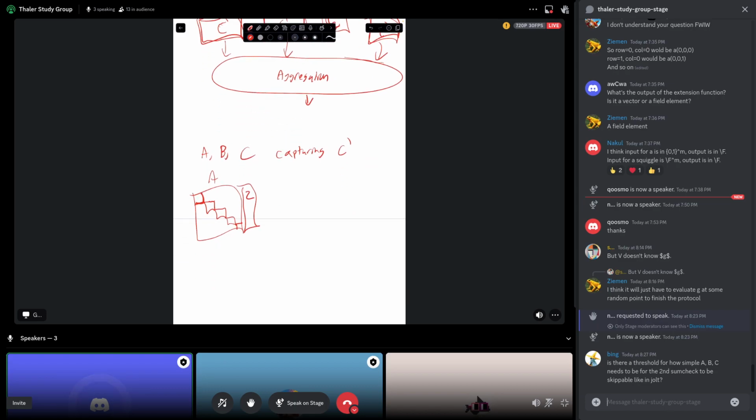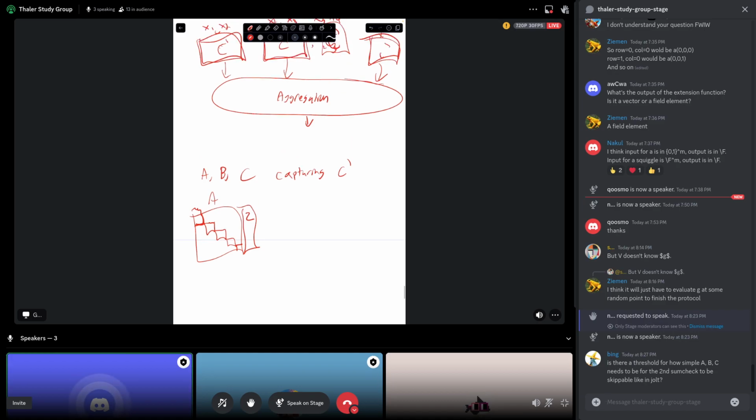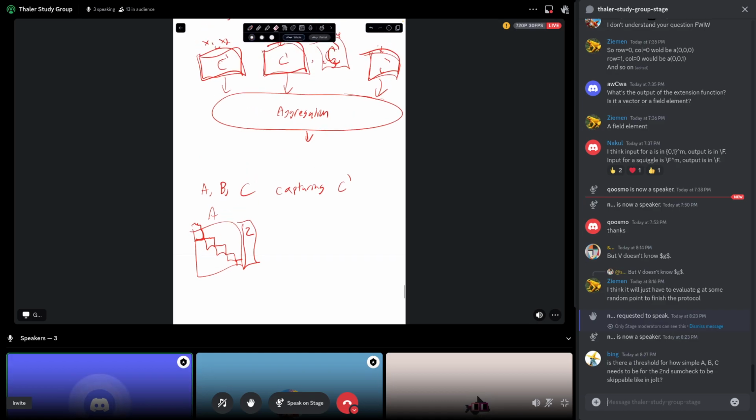The columns here are indexing variables of the witness Z, and so even if there's overlap, it's still pretty block diagonal. The constraints would look like this, capturing the first copy of C prime. And then the next copies half overlap.